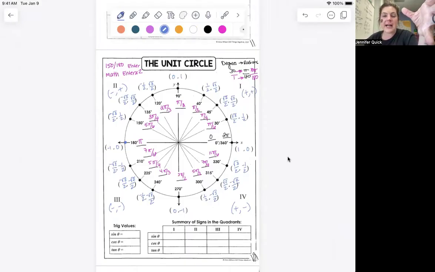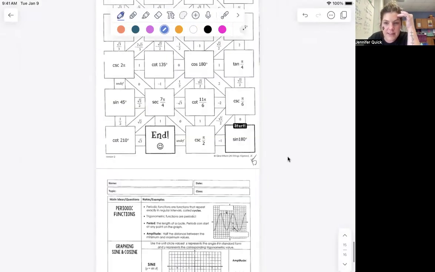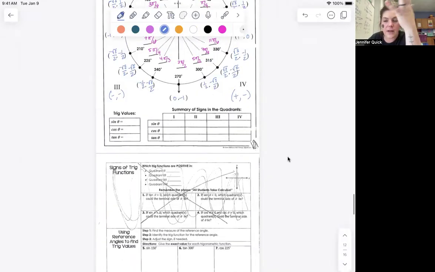I'm not sure how many pages are in this packet, 16. You might fan your packets out and look at them at the same time, or rip your packet staple off and have the unit circle here and the next page here.